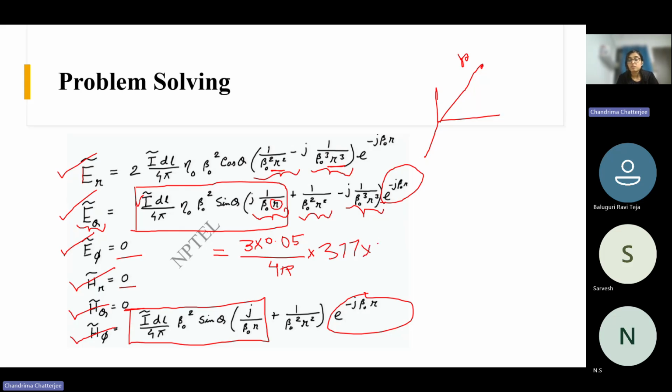Beta naught was 0.02094, 0.094, okay, 94 square. Then sine theta is sine 45 degree because the angle was given 45 degree, sine 45 degree.